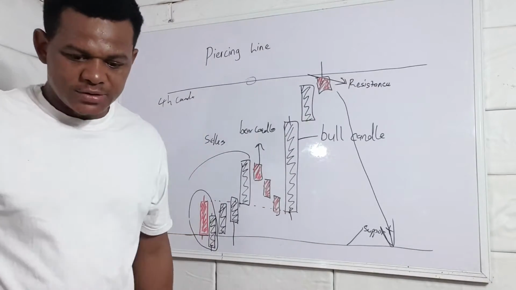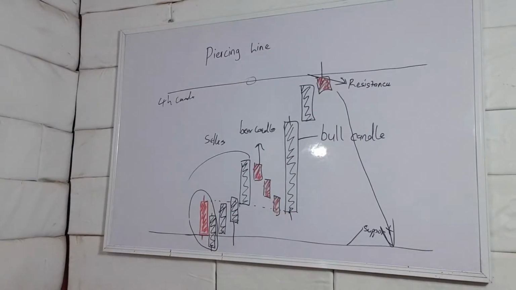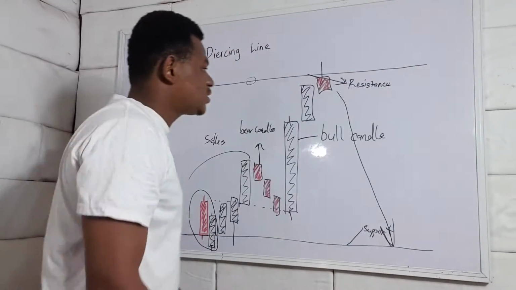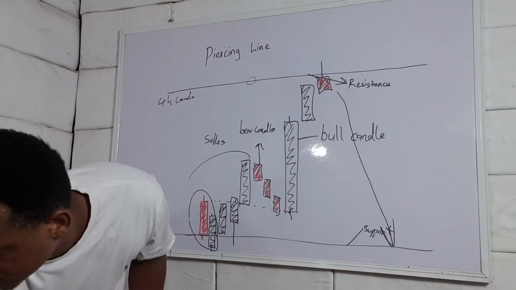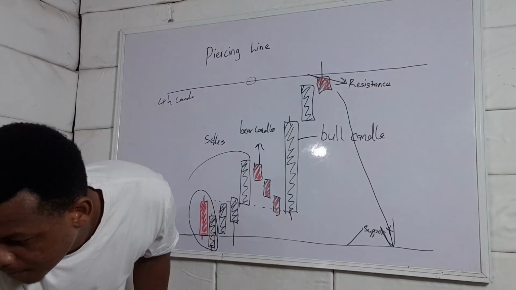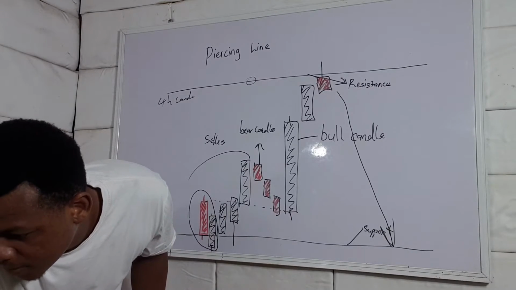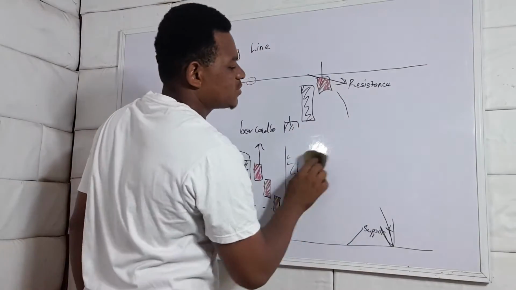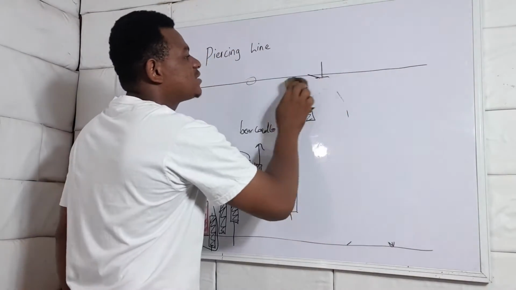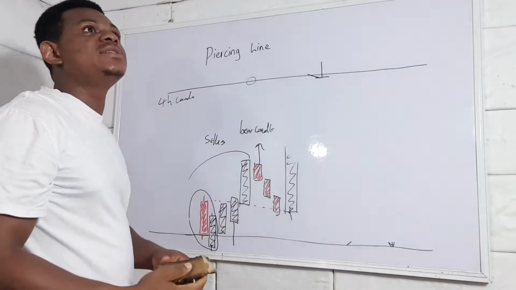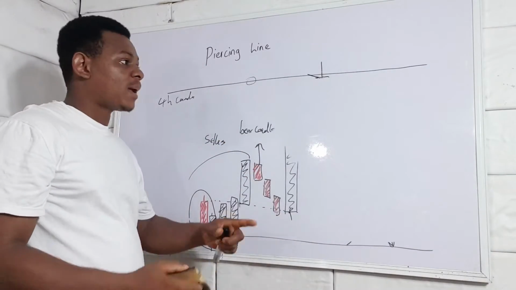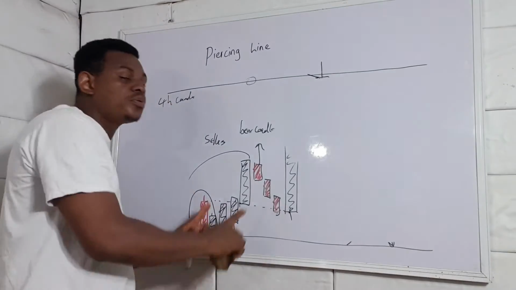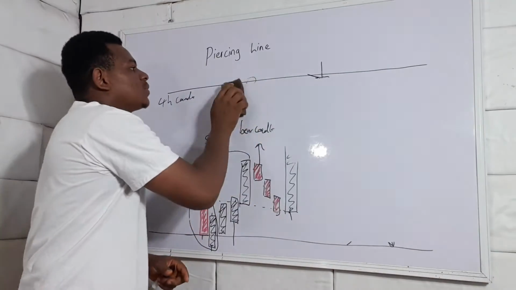So let's move over to the next one, which is the morning star. The morning star also does what the Pearson line does, in the sense that it is a bullish pattern formation that pushes the market to the upside.